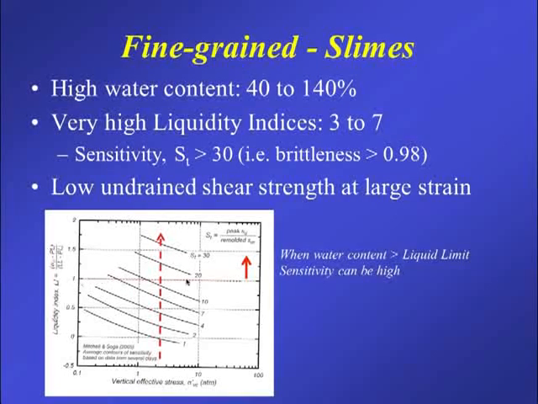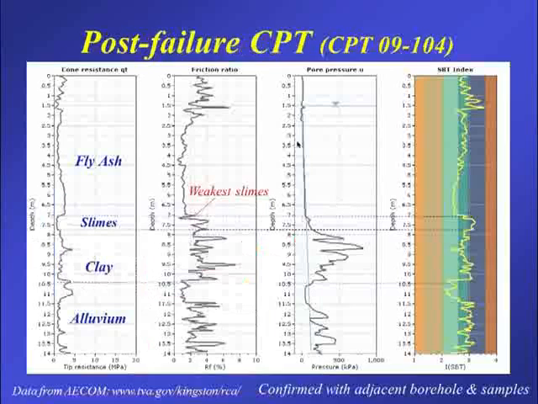And you can see that when liquidity index is greater than 1, then quite often you have high sensitivity, particularly at low confining pressure, around 1 or 2 atmospheres, sensitivities in excess of 10 and 20, etc. So the failure mechanism is consistent with a very sensitive fine-grained slimes with very low undrained shear strength at large strains, but the sampling also indicated that the coarse-grained fly ash tailings was also contractive and strain softening.